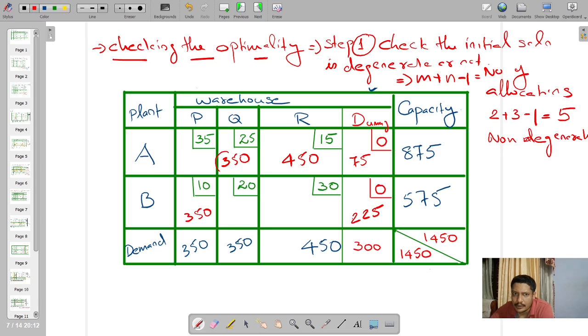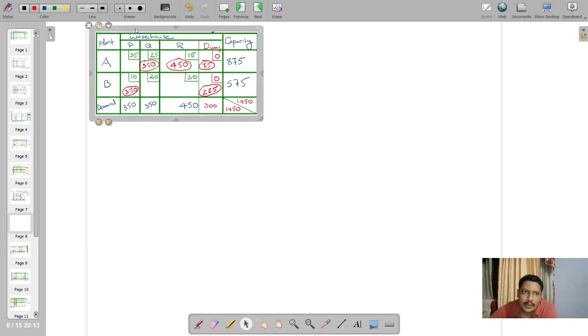So this is 350, 450. We have 75 here, 225 here, 350 here. I'll take the next sheet to calculate it. This was our initial solution.